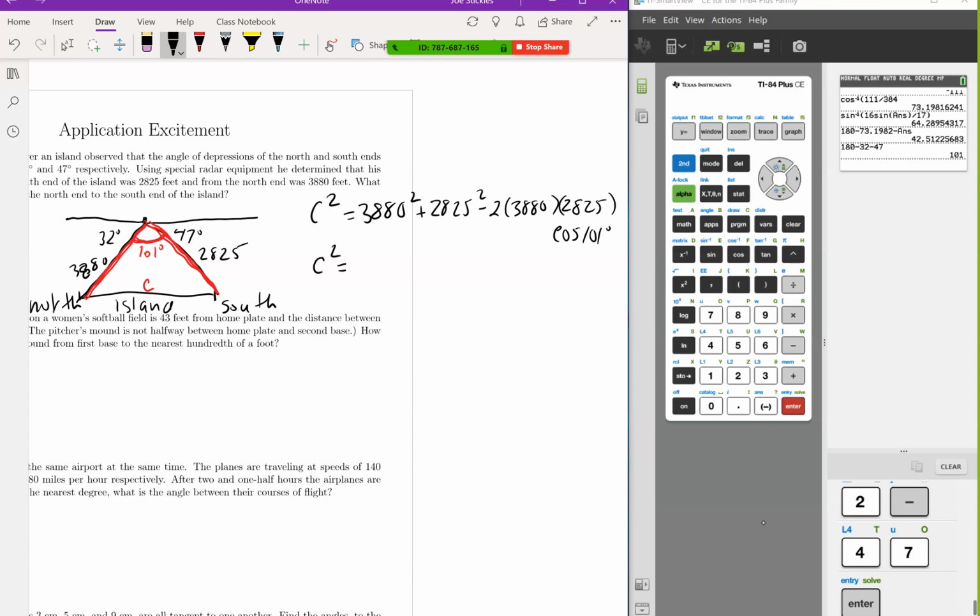So let's just do the individual pieces here, make sure we don't mess up any numbers. 3880 squared is big.